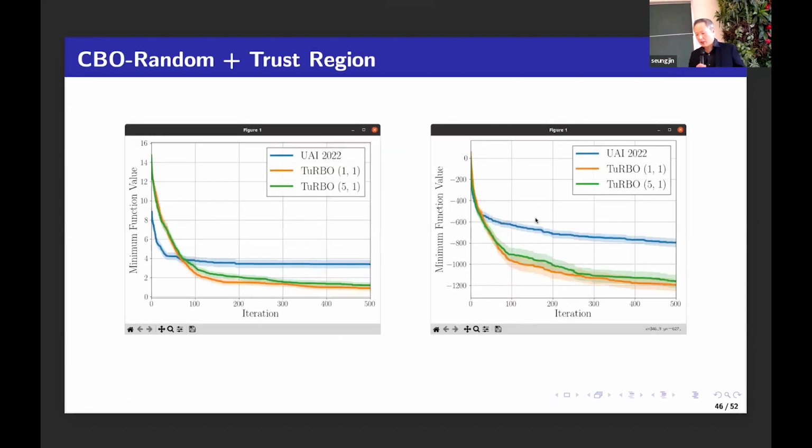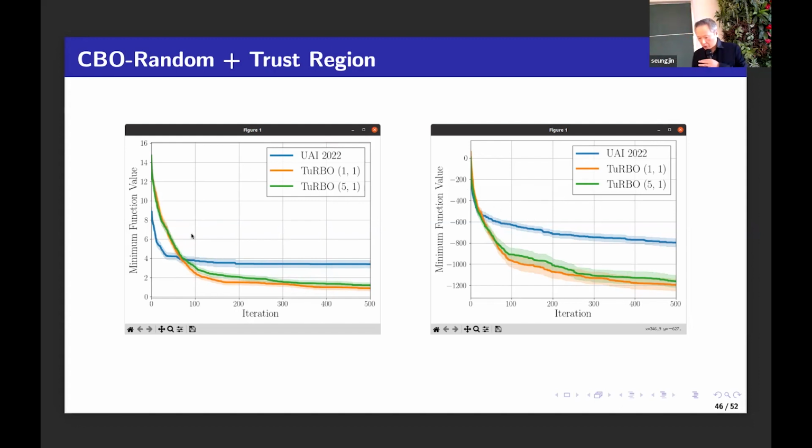Recently, we also applied our techniques combined with the trust region. When you work in high dimensional problems, you still embed your data into a continuous space, but the embedding space is also not really low dimensional. So instead of doing a global search, you can combine the idea of trust regions with random projections.